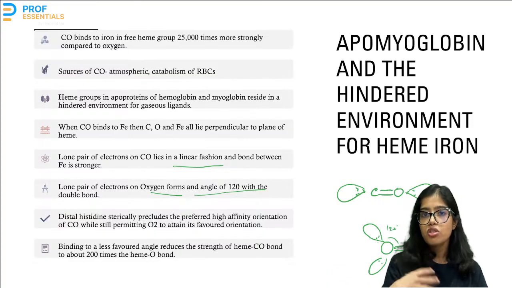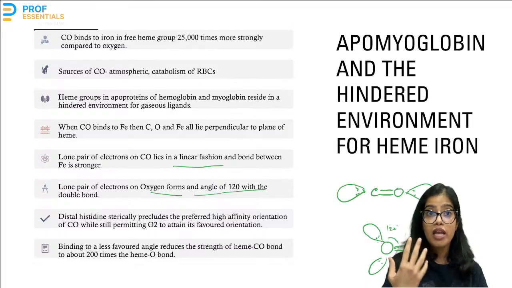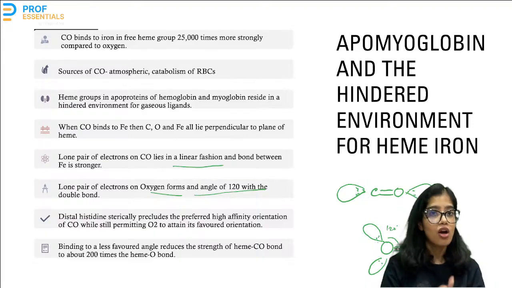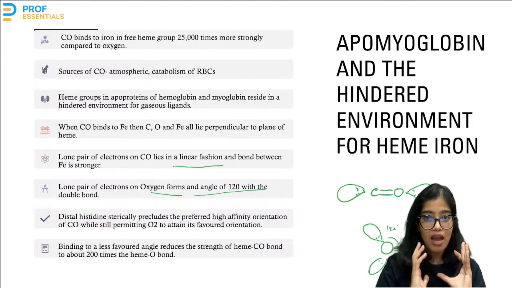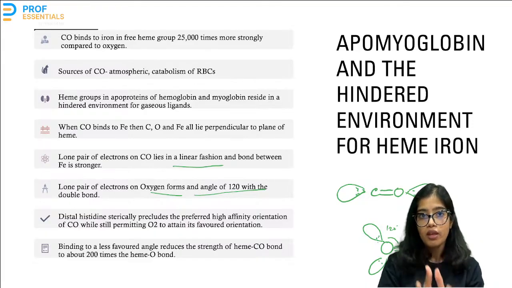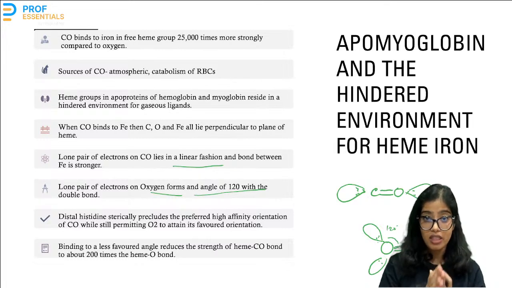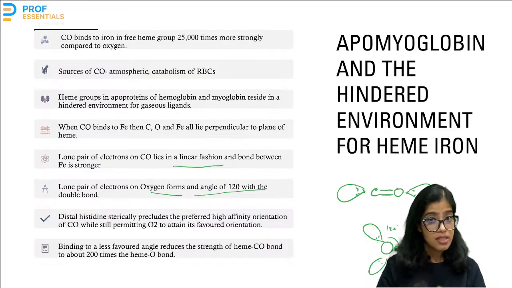So why is carboxyhemoglobin not getting formed, in spite of the heme group having 25,000 times more affinity for carbon monoxide compared to oxygen? Still, routinely, carboxyhemoglobin is not getting formed. It is only formed at very high concentrations of carbon monoxide.